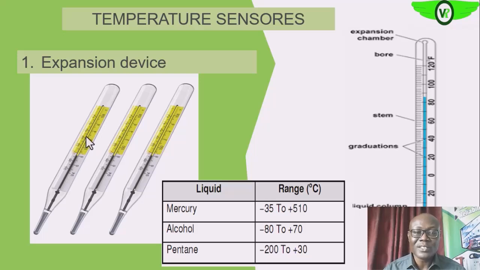These calibrations give us a direct reading of the temperature that caused the rise of the mercury along the stem. So this is one temperature sensor, the thermometer. This is the clinical type thermometer, used mostly in the clinic for medical purposes.